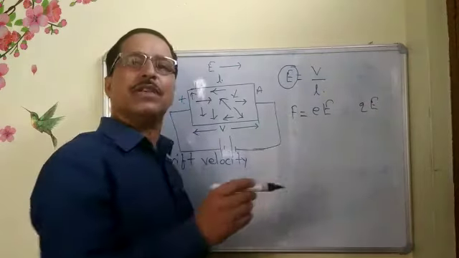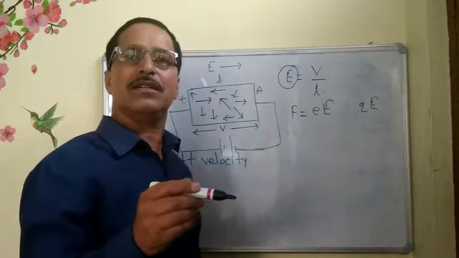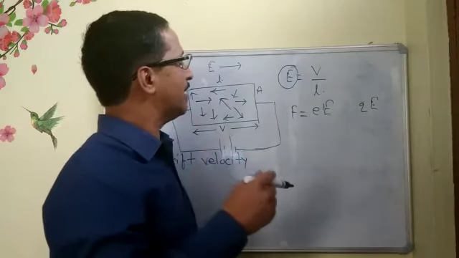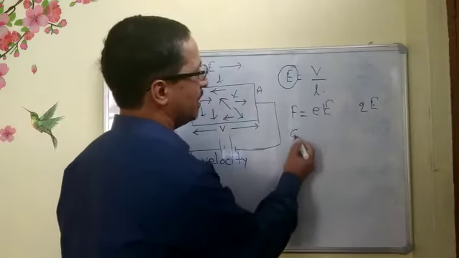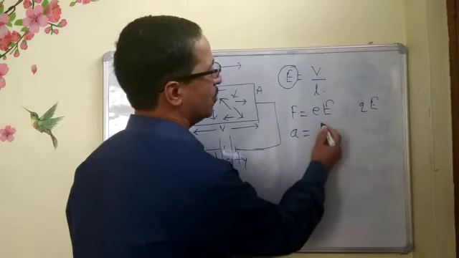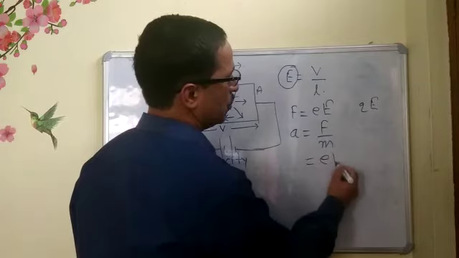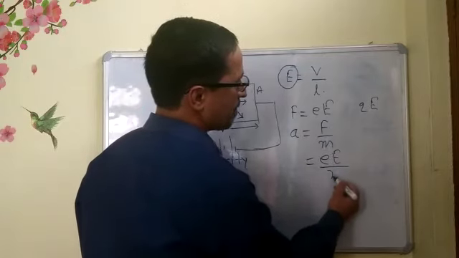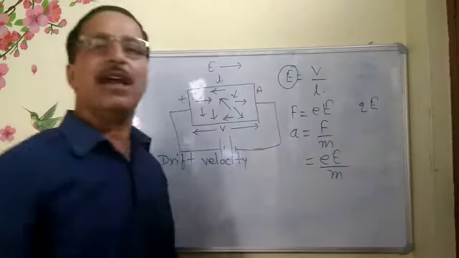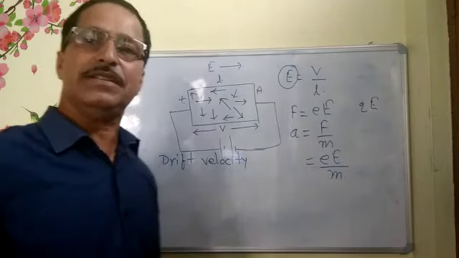Due to this force, every electron will be accelerated, and the acceleration of each electron will be a equal to F upon m, which is equal to e into E upon m, where m is the mass of each electron.